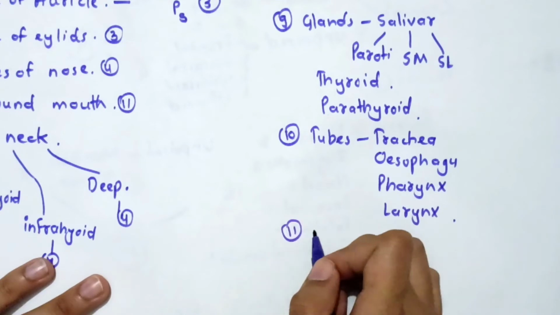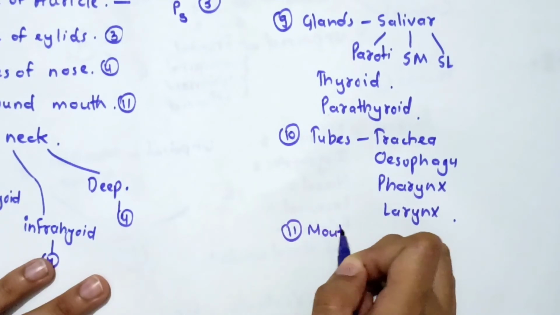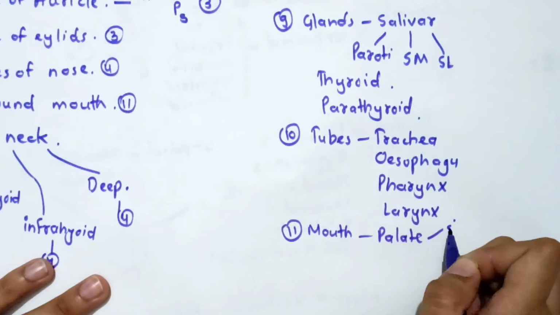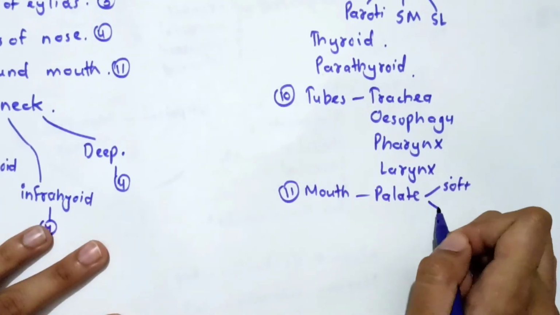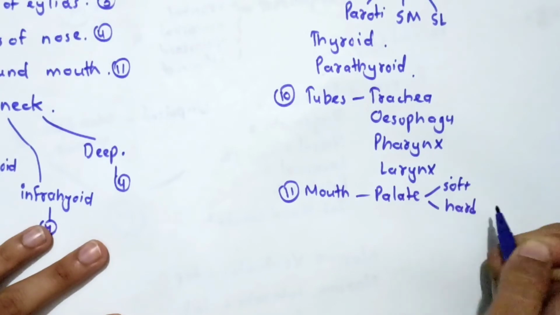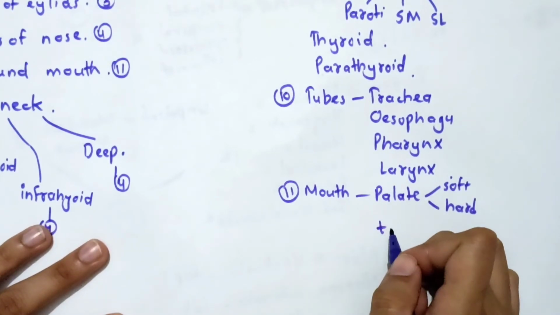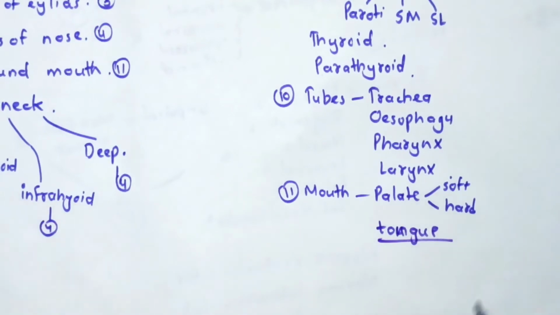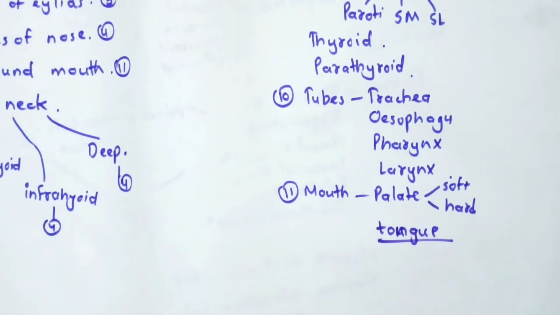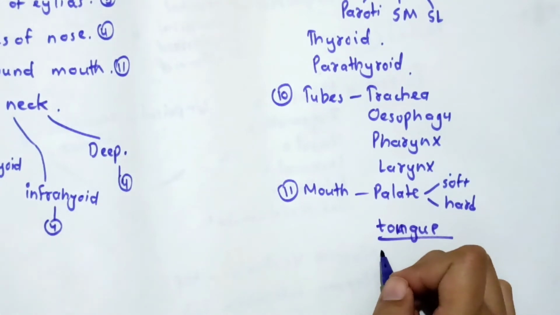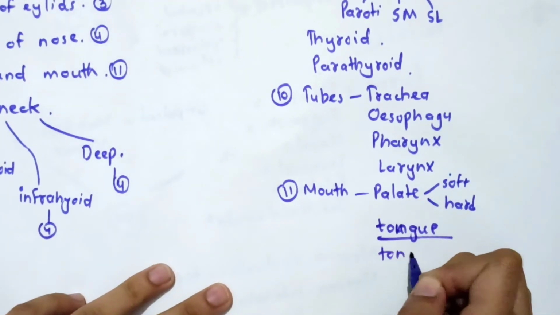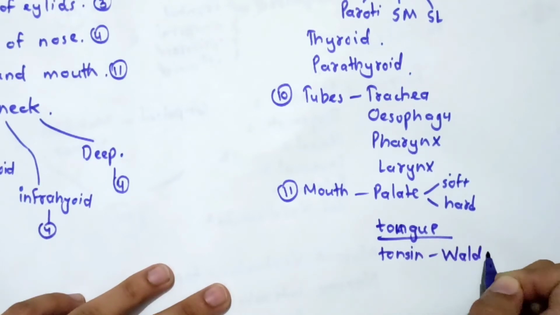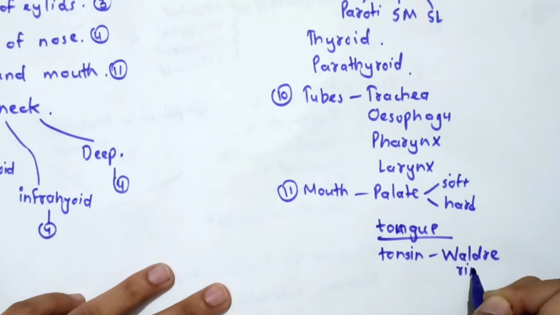Then in the mouth we have to study about the palate, soft and hard palate. Then the very important topic is the tongue. It's a very important topic. Then we have to study about the tonsils, Waldeyer's ring and all those structures. Waldeyer's ring we have to deal with.